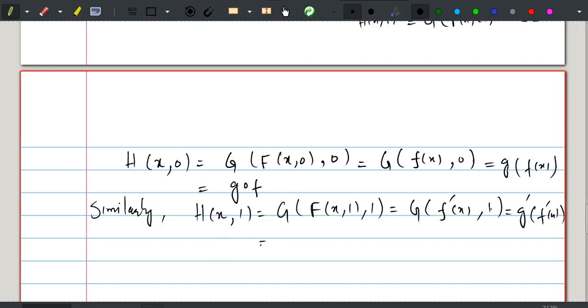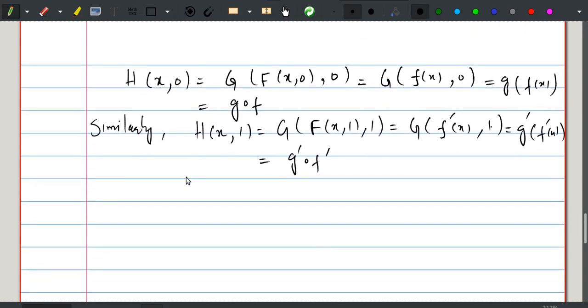So this is same as g prime of f prime. So this homotopy h shows that g composite with f is homotopic to g prime composite with f prime. So this is pretty much of it.